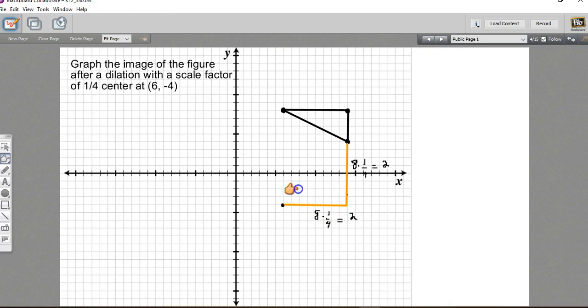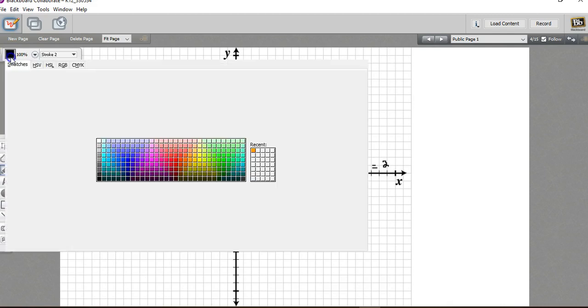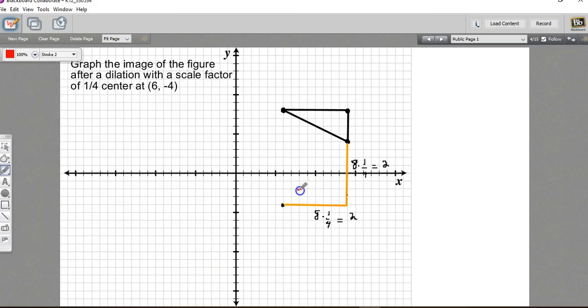Right there is this point's transformed point. Let's choose a different color. 1, 2, right there. If I were to draw a straight line, those would match up nicely.